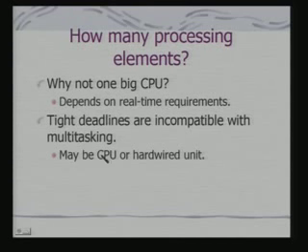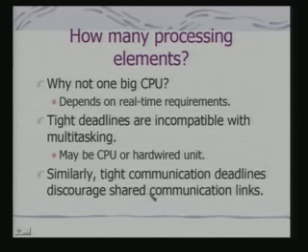So what do we need? We need to map tasks now to different hardware units. Some tasks may go to one CPU, other tasks to maybe a dedicated hardware unit. Similarly, tight communication deadlines discourage shared communication links.